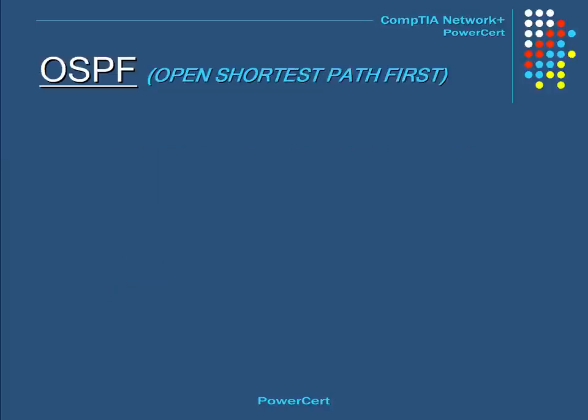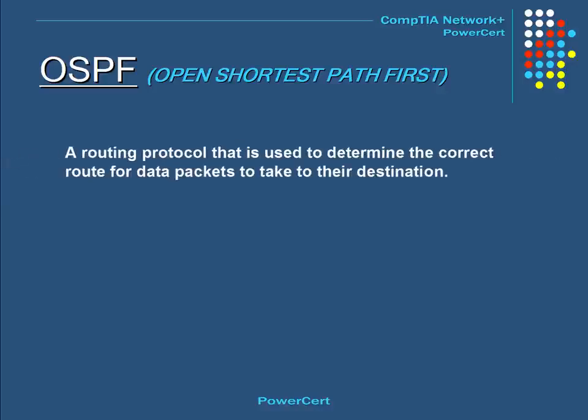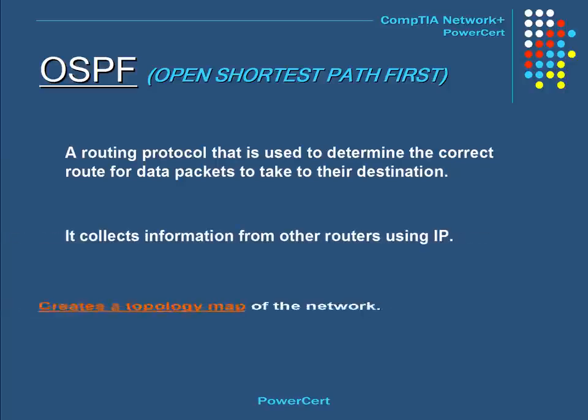OSPF stands for Open Shortest Path First, and this is a routing protocol that is used to determine the correct route for data packets to take to their destination. It collects information from other routers using IP, and it creates a topology map of the network.